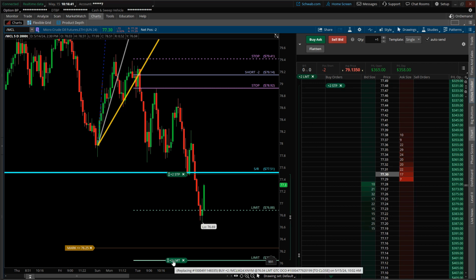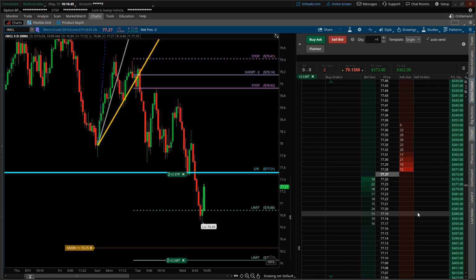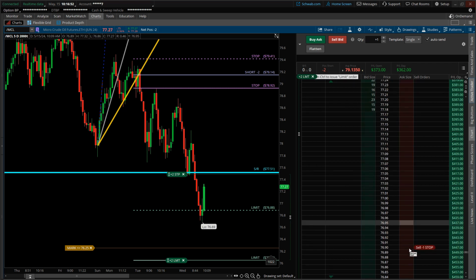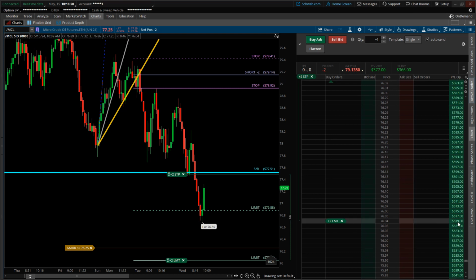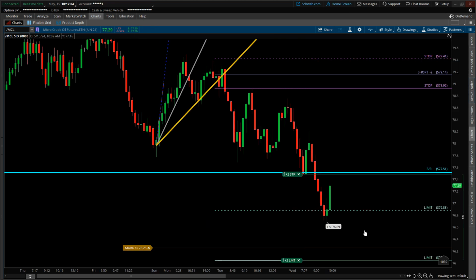It's now sitting at 76.04. So if price stalls out and continues the downtrend, the new limit order is pegged to a $619 take profit. That's it. I'll pause it again and let's see what happens.